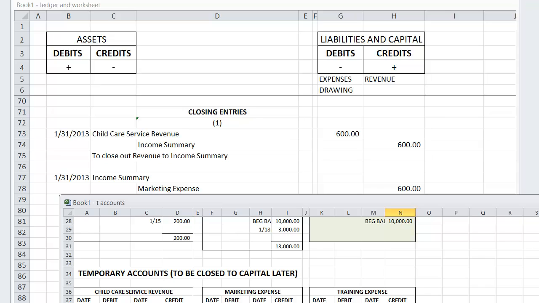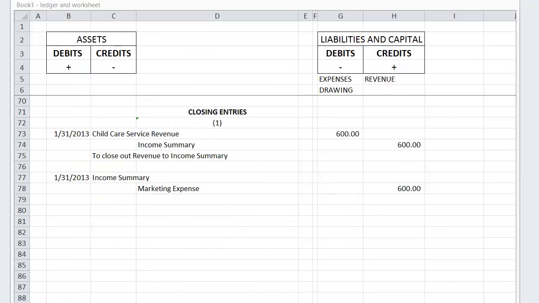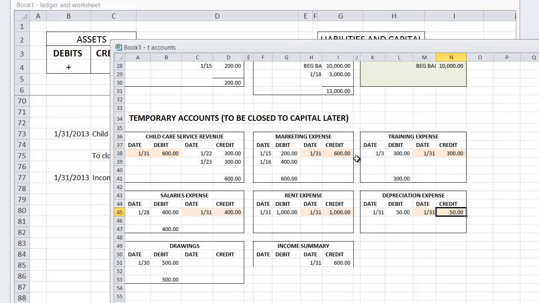So our rule is we're going to close out expenses. So here are all the expenses that we're going to close out. 1, 2, 3, 4, 5. Check what we're going to do. So we have marketing expense 600. We're going to credit 600 because marketing expense has a debit account, and the account that we just posted is a credit for 600.